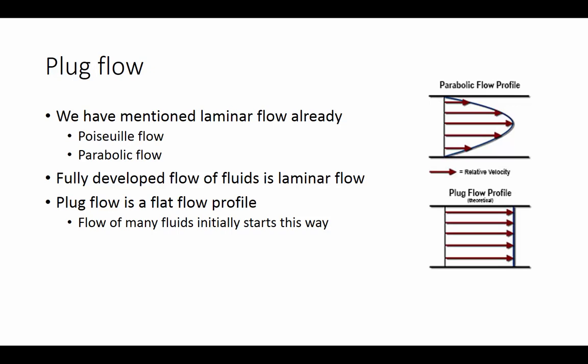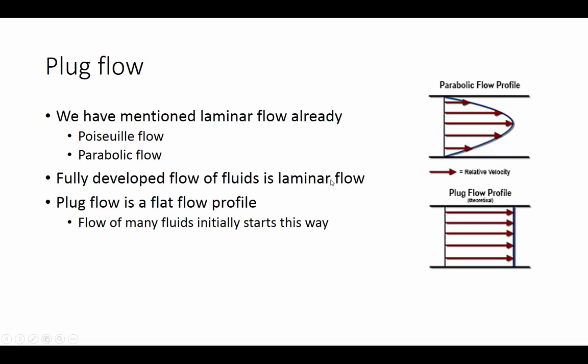Plug flow is a bit of a different thing, where plug flow is just this flat flow profile, and you can see down here in the bottom that the velocity throughout the inner diameter of the pipe or blood vessel is basically the same.